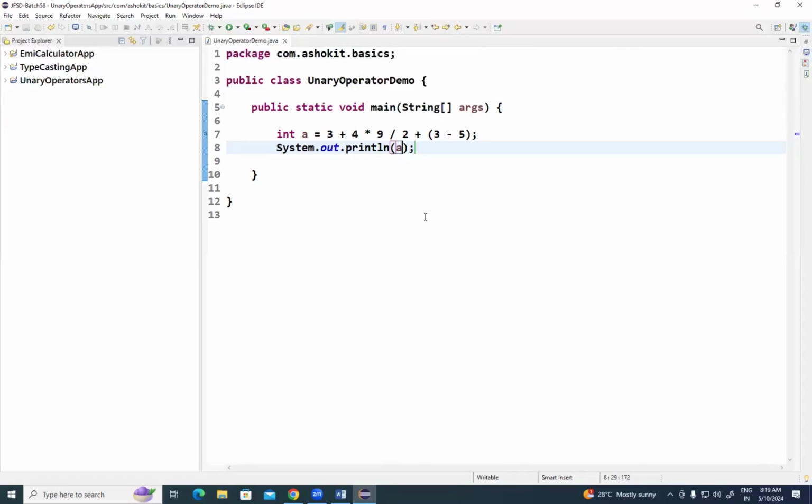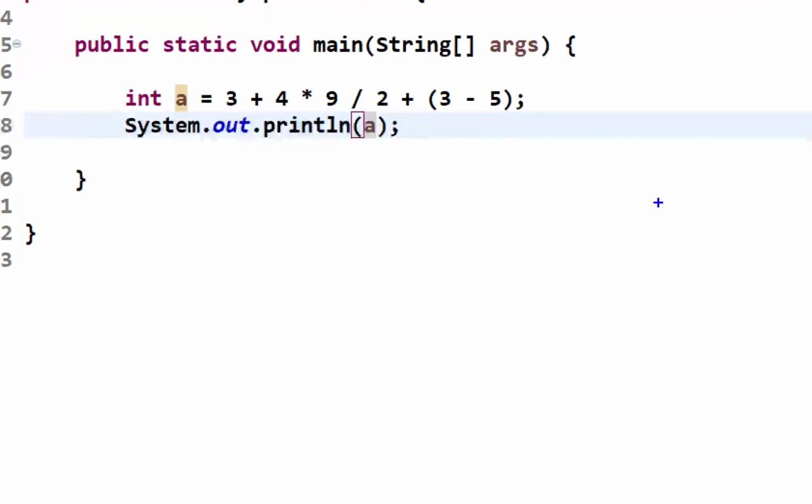Yeah, folks, what's the output of this expression? Have you identified the output here? Tell me first, which one will be evaluated first here? Parenthesis. Parenthesis is what? 3 minus 5, result is minus 2.